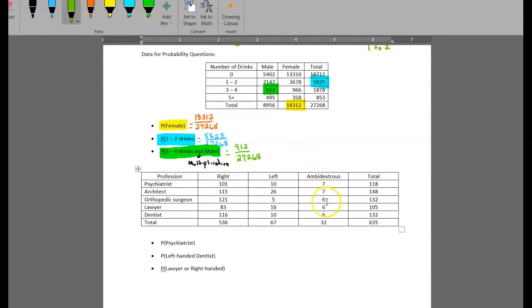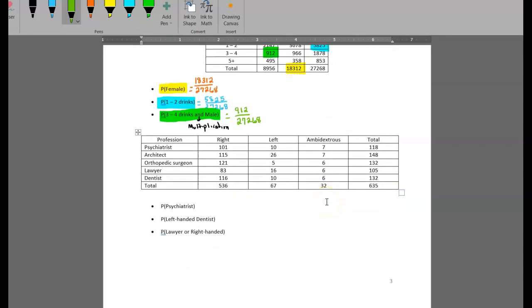Similarly, we have a bigger table here. This time, let's see, we have just what's the probability of a psychiatrist. So we're going to read all the way over. We have 118 psychiatrists out of a total of 635. Now, a left-handed dentist.